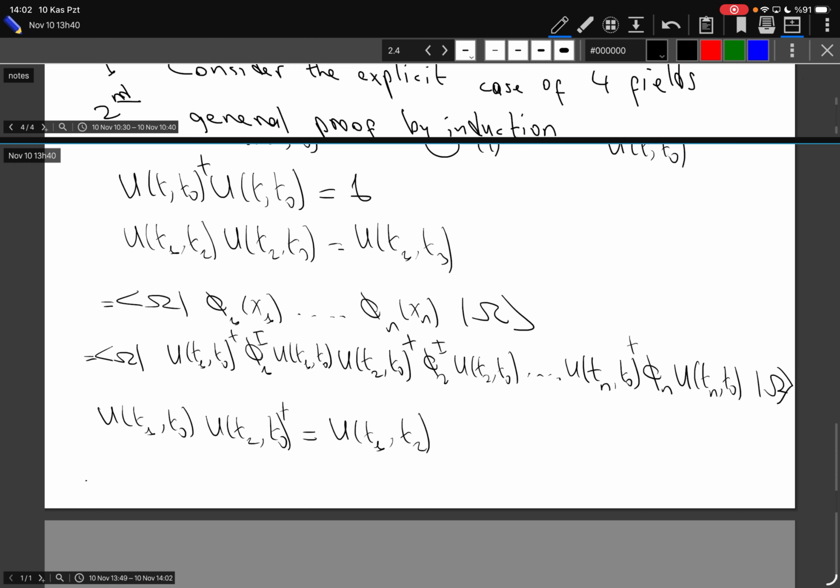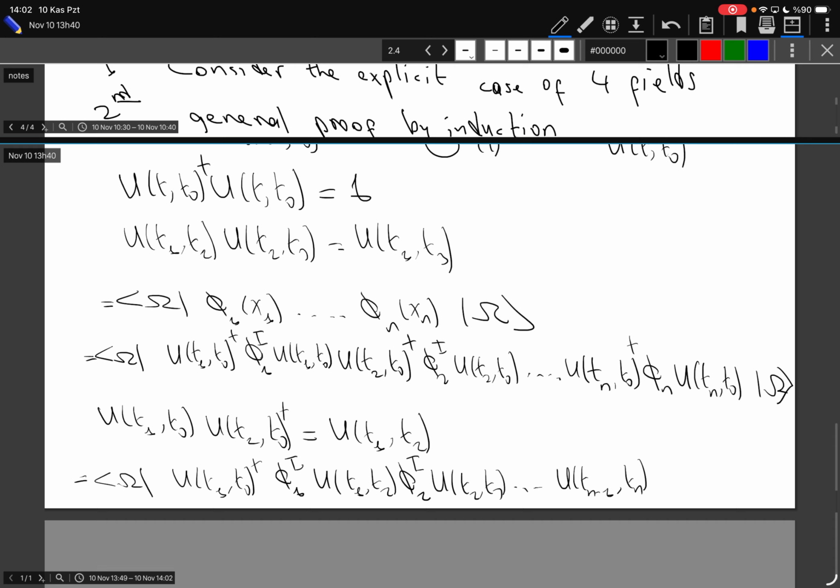So what I obtain is omega, U(t1, t0) dagger, phi 1 in the interaction picture, U(t1, t2), phi 2 in the interaction picture, U(t2, t3), up to U(tn-1, tn), phi n in the interaction picture, U(tn, t0).